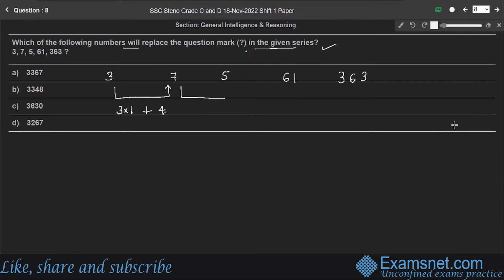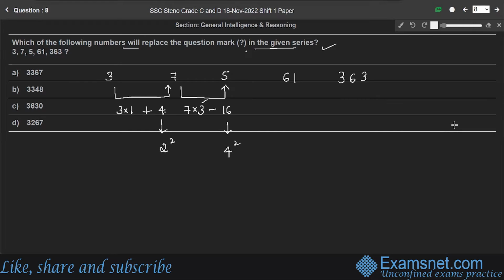And the second and third numbers are related as 7 into 3, so we'll write the next odd number after 1, minus 16. Here 16 is the square of 4, so 16 is subtracted from 7 into 3, and 4 is the square of 2.